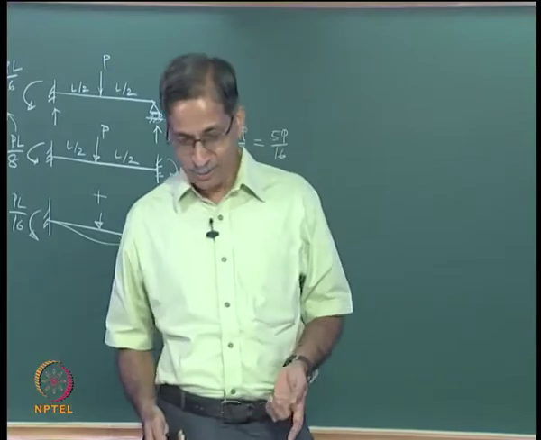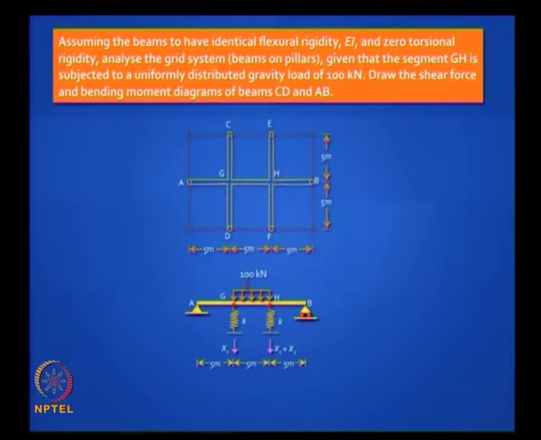So do you think this is a good approach? That means I have replaced the connecting beams CD and EF with two identical springs, fine. And this is the loading, the GH is on AB, so I have to take out AB separately. Do you agree? This is perfect.